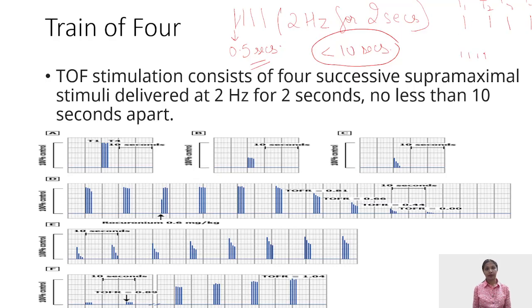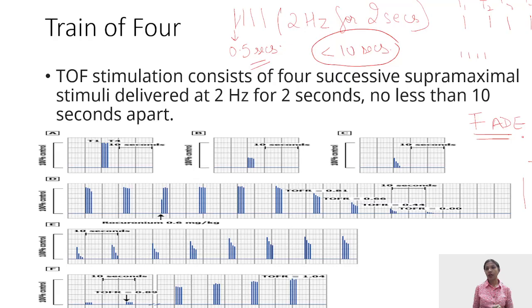That is it. They're only going to decrease in amplitude. Whereas when we talk about the non-depolarizing blocks, they are going to show a phenomenon known as the fade phenomenon, in which the T4 amplitude decreases more than the T1 amplitude, and this is how it fades. Slowly and slowly it will fade.